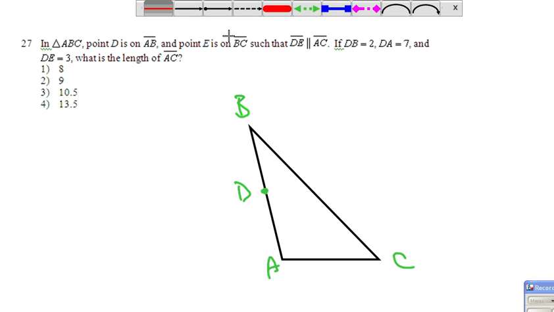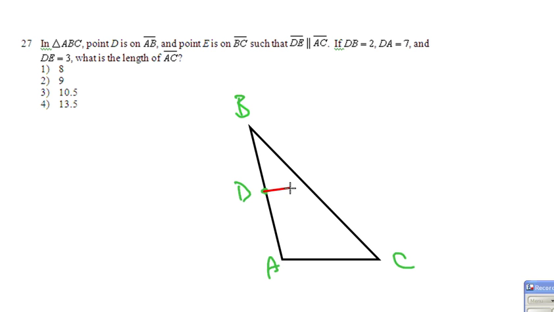So therefore, I'm going to draw the line first.